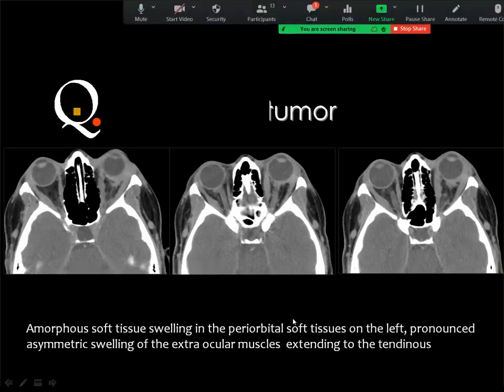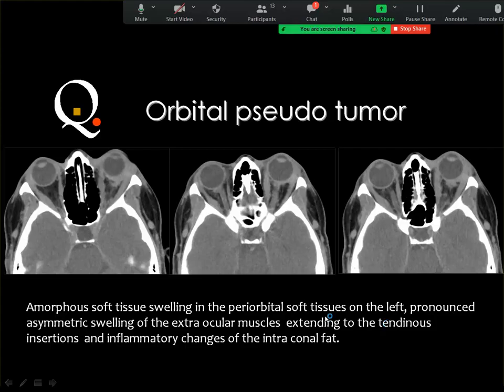This is an orbital pseudotumor. The classic appearances are present on the left side. There is reticulation of the intraorbital fat. There is a swelling of the lacrimal gland, and you see some thickening of the posterior sclera and some prominence of the extraocular muscles.